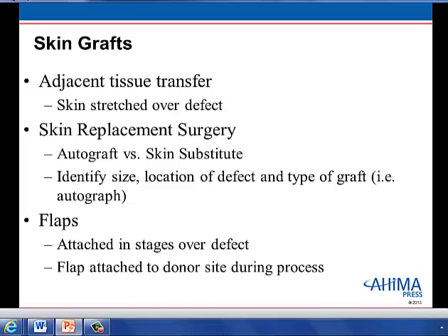You will identify the size, location of the defect, and type of graft. Please read the definitions and instructions for coding skin replacement surgeries. Flaps are attached in stages over a defect. A flap is attached to the donor site during the process.